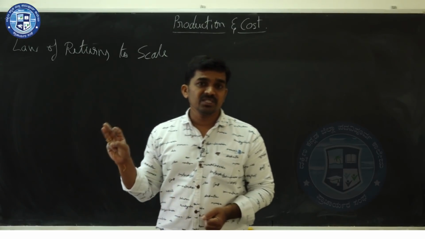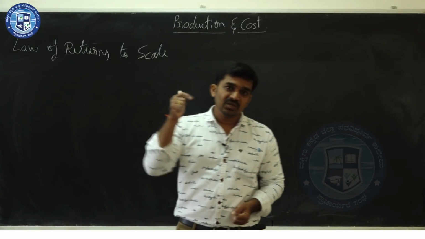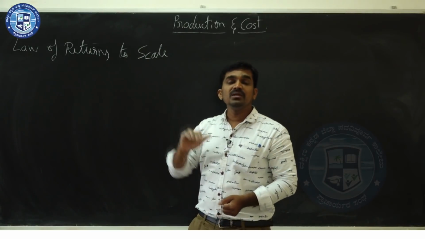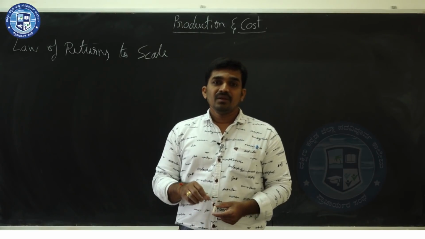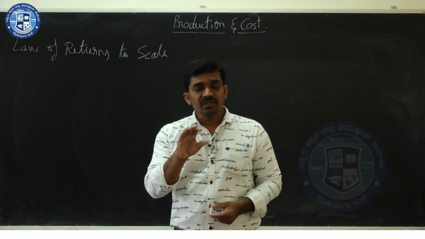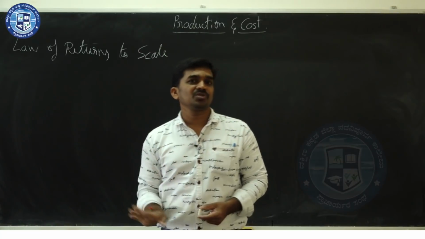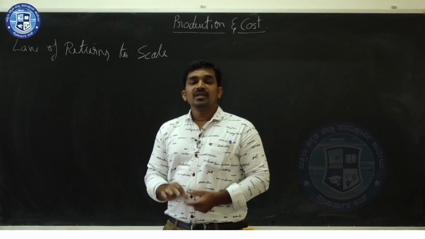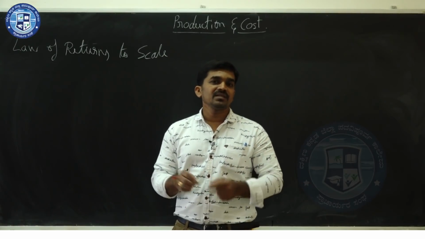First one is increasing returns to scale. Second one is constant returns to scale, and the third one is diminishing returns to scale. In all the three stages, both labor and capital are increased in the same proportion. In the long run, there is no fixed factor. All the factors are varied.